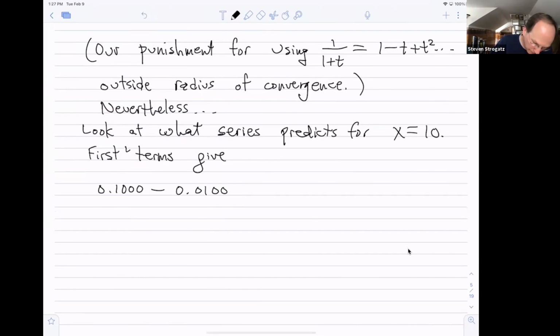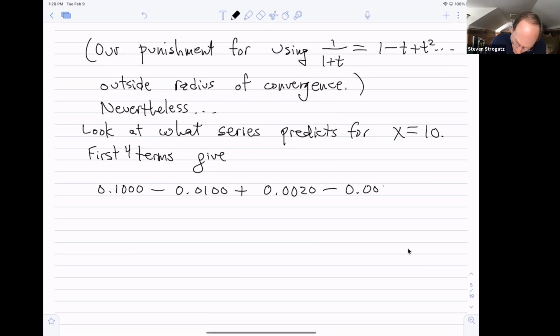Let's say the first four terms. Then there's 2 factorial over x cubed. So that's giving me 0.0020. And then the next term would be 3 factorial, that's 6 over x to the 4th.